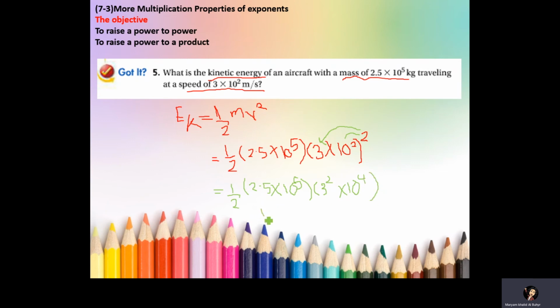So that is 1/2 times 2.5 times 10 to the power 5. That is 9 times 10 to the power 4.